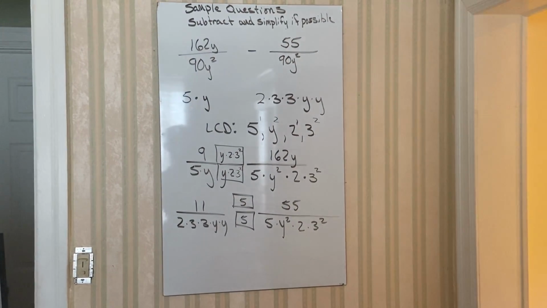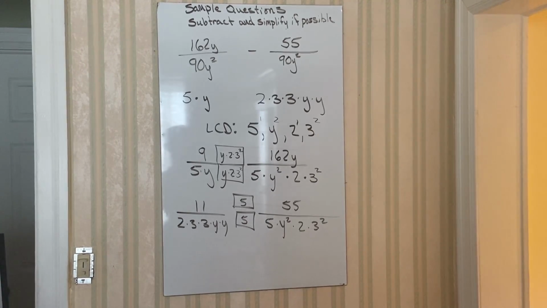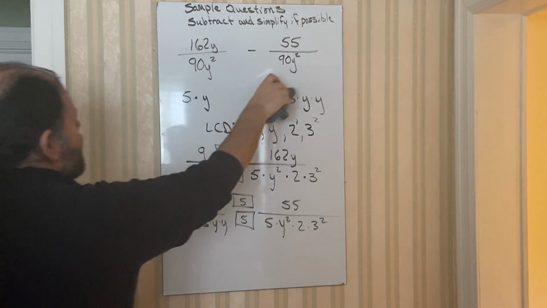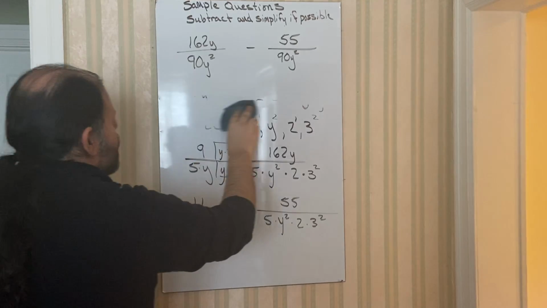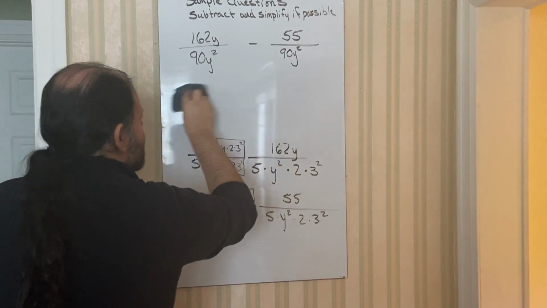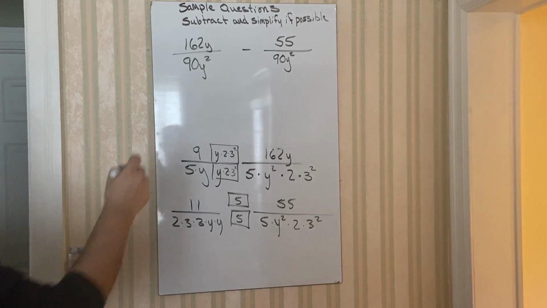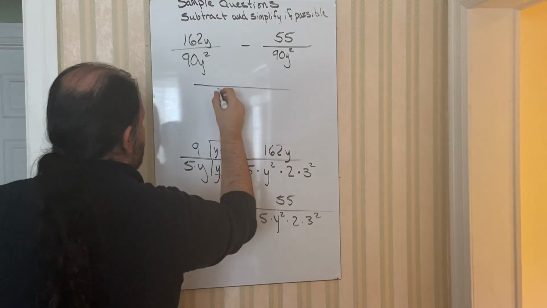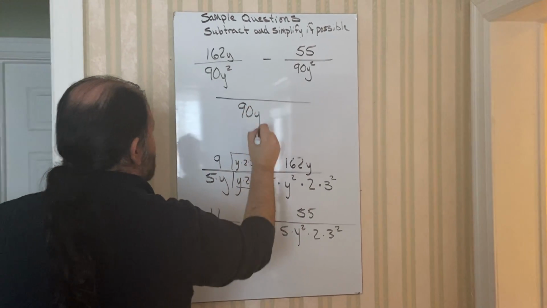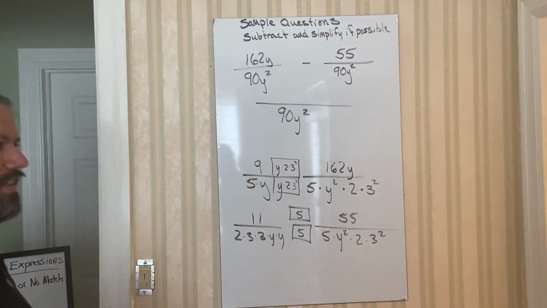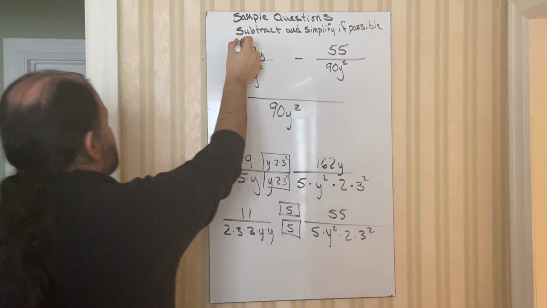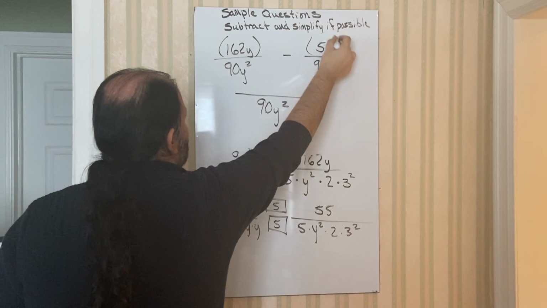Now when you look at that, you can see they match. We have 90y squared, 90y squared. When they match, we keep that same matching denominator, 90y squared. And then just rewrite the numerators. Put parentheses if that helps you.